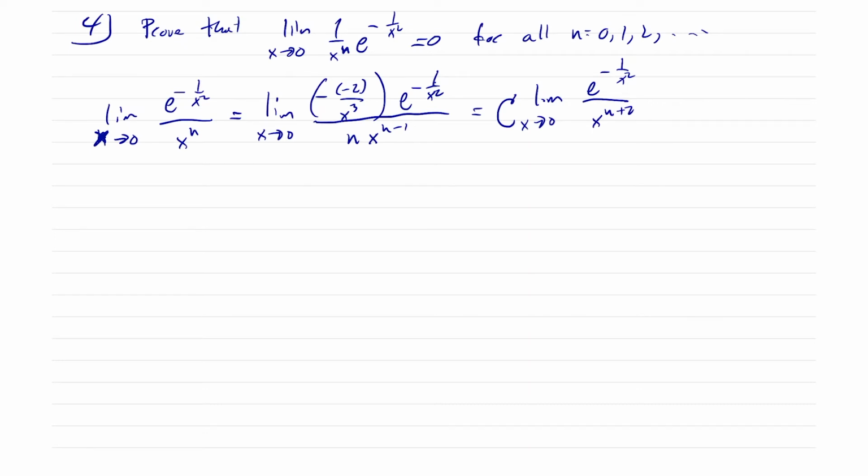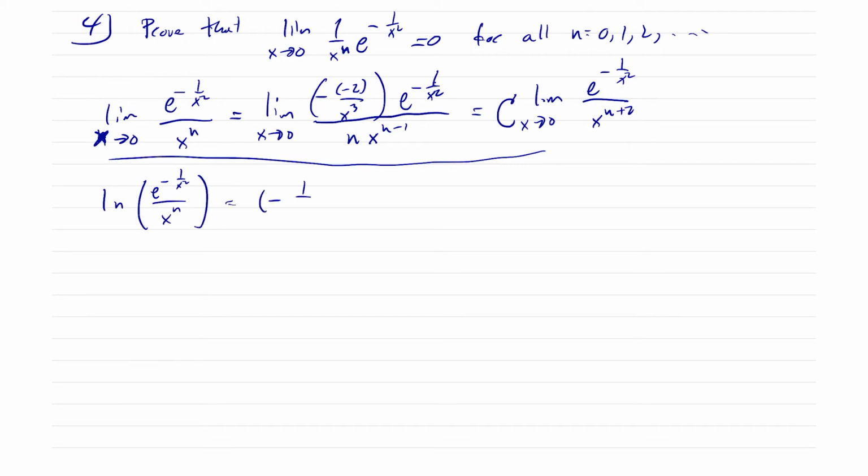Okay, so the next step to try is logarithms, and that way we get rid of the e at least. So now I see that the ln of e to the minus 1 over x squared over x to the n is equal to negative 1 over x squared minus n times the natural log of x, right?